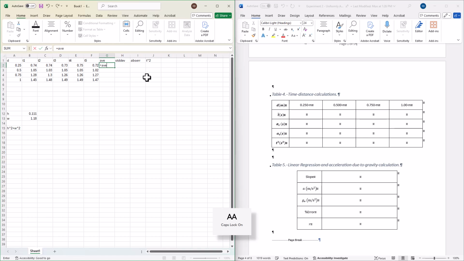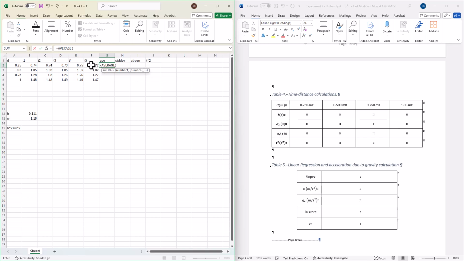Don't hit enter. Hit tab. It brings you to that.